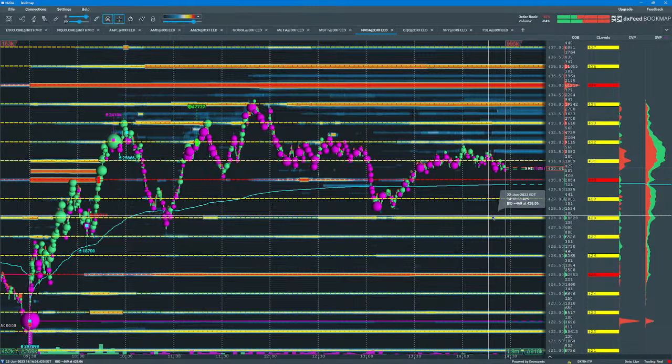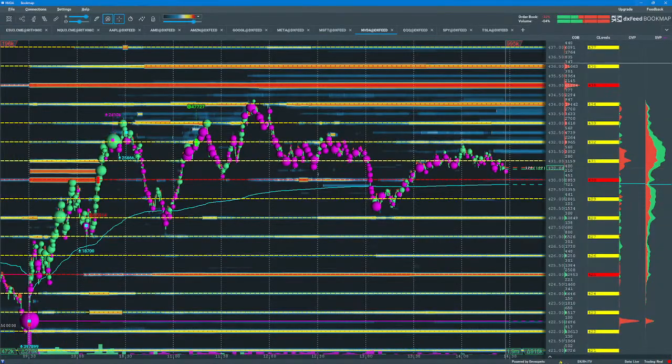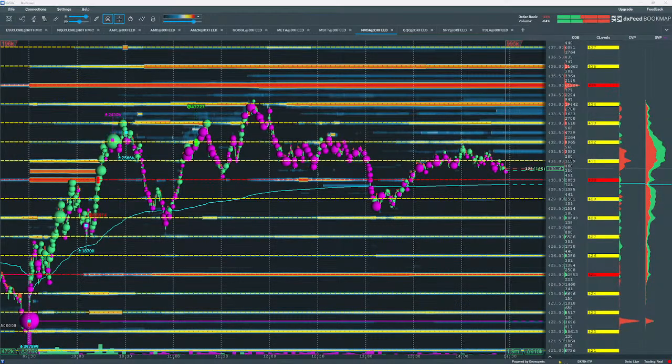Nice uptrend in the morning. Let's check on gamma levels. So the only spot gamma level in play today is the 430 key gamma strike. And that appears to be right where NVIDIA is trading, right at the 430 key gamma strike.